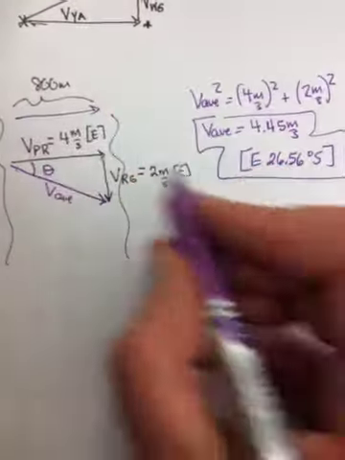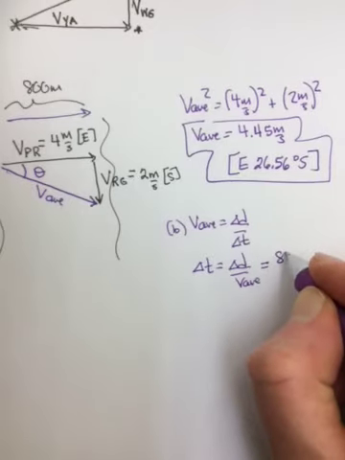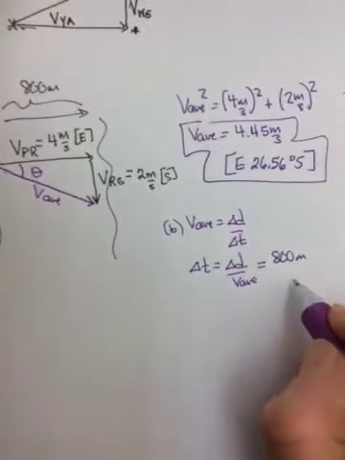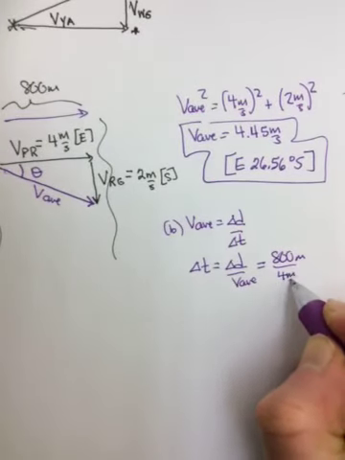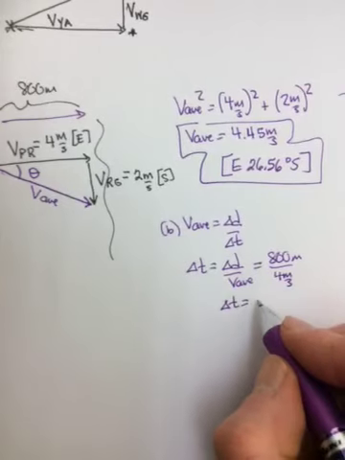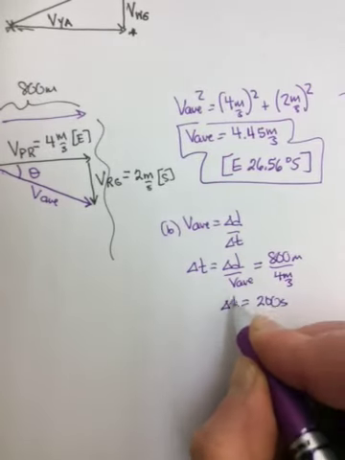The 800 meters is going straight across the river. That means you have to use the velocity that's going straight across the river, 4 meters per second. And you will find out that the time it'll take you is 200 seconds.